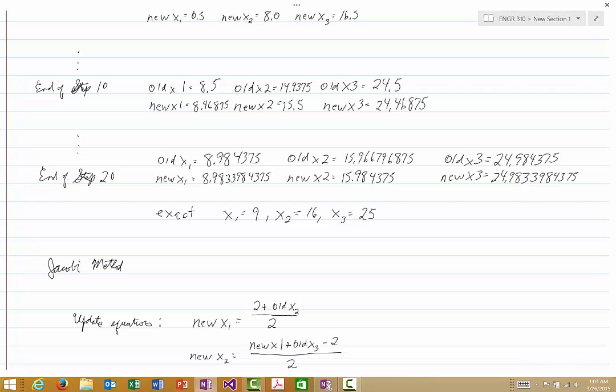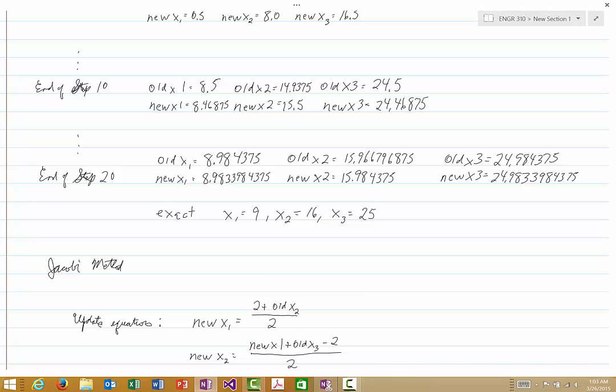So this is why the Jacobi method is sometimes preferred to the Gauss Seidel method, because it typically gives more rapid convergence to the answer. Now, there are iterative techniques that converge much more quickly than either one of these methods, but they are more complicated, and so that's why we don't cover those in this class.